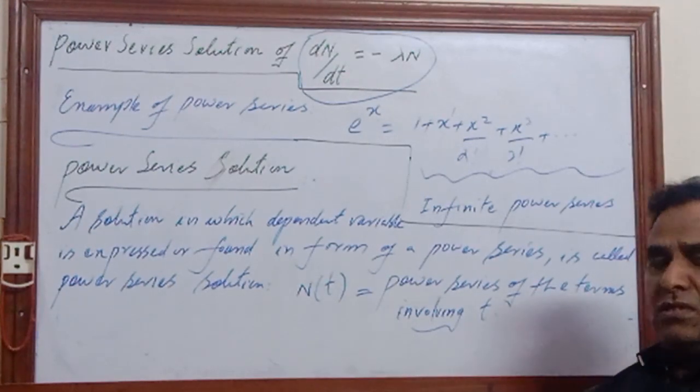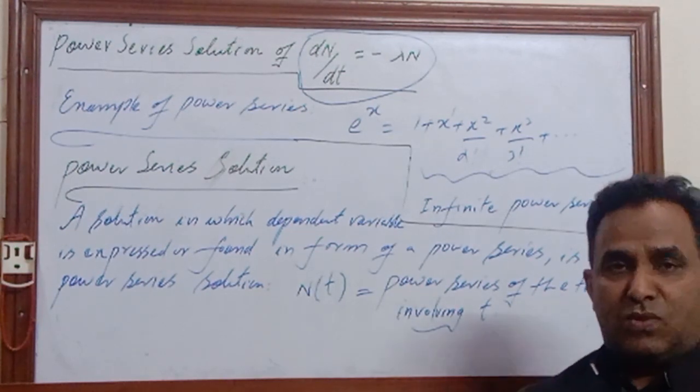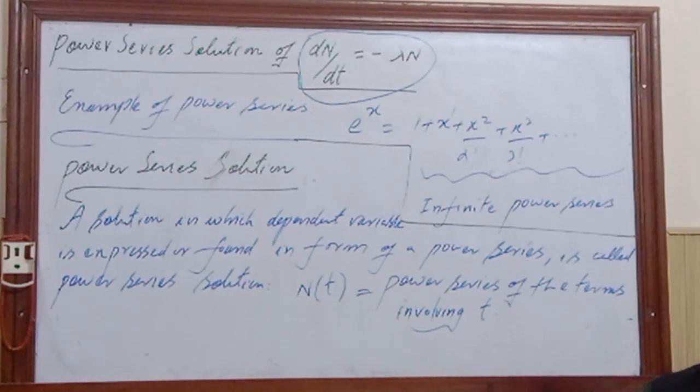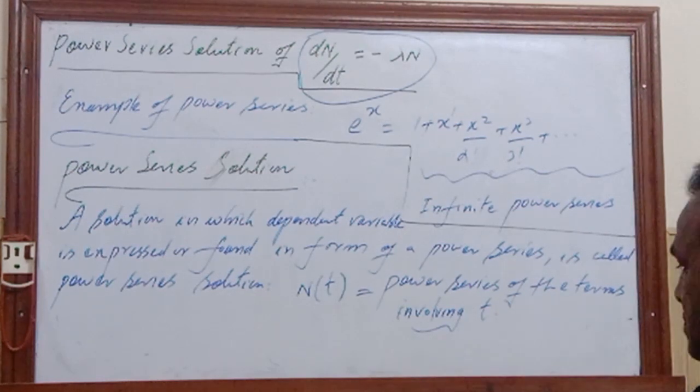So here the power series solution is actually the information about the dependent variable in terms of a power series in which almost every term involves the powers of the independent variable. That is called a power series solution. Okay, now from here we further move onward.